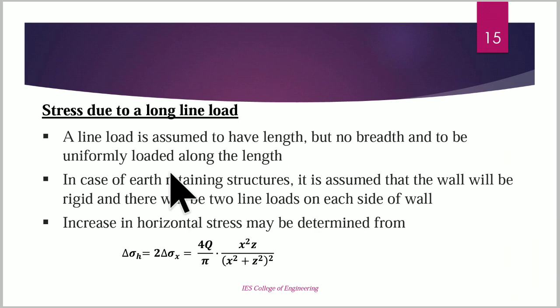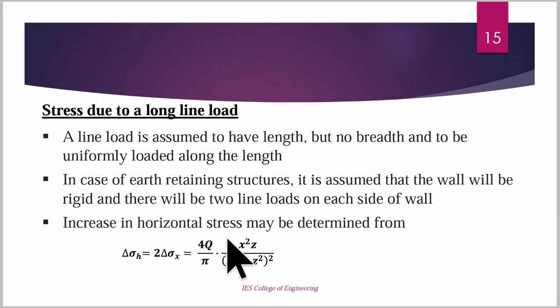Next, we are discussing stress due to line load. A line load is assumed to have length but no breadth and to be uniformly loaded along its length. In the case of earth retaining structures, it is assumed that the wall will be rigid and there will be two line loads on each side of the wall.